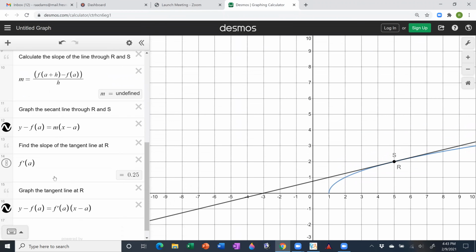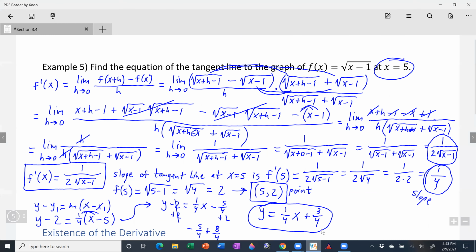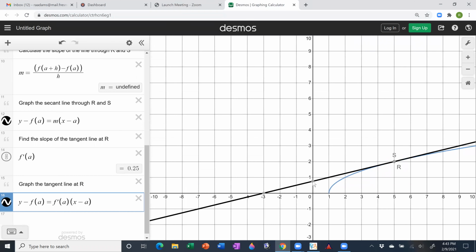The slope f prime of a is 0.25. Did we get 1/4? Yes, we did. And then 3/4 for the y-intercept, 0.75, looking good. You already know I love Desmos.